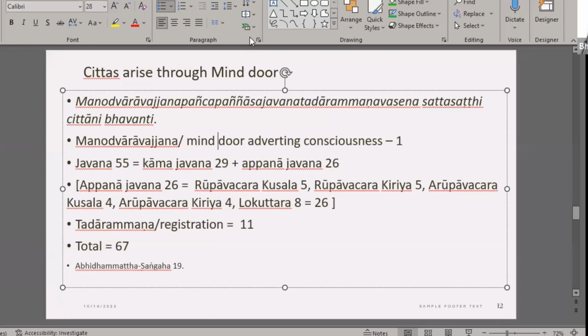Kama Javana 29, Appana Javana 26. Manodvara Vajjana 1, Javana 55, altogether now 56. After that, 11 Tadaramana. 56 plus 11, 67. So altogether, 67 Chittas arise through the mind door.